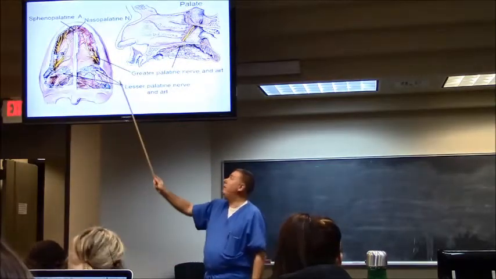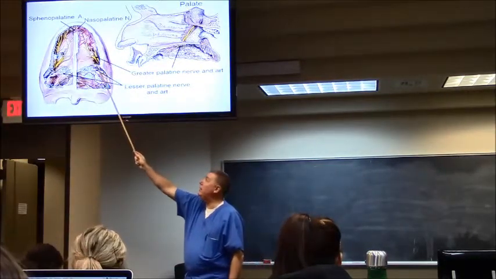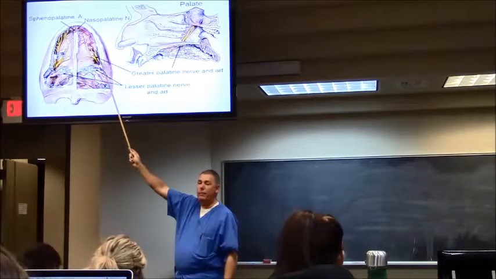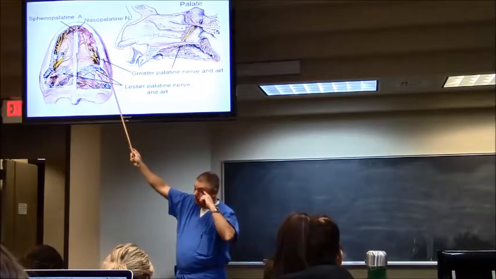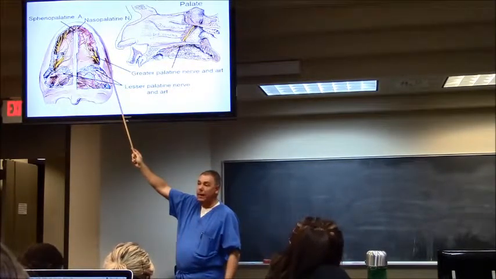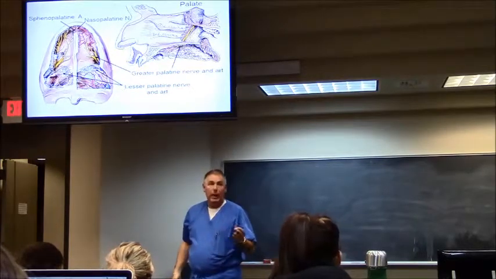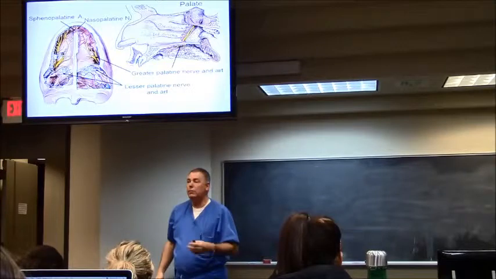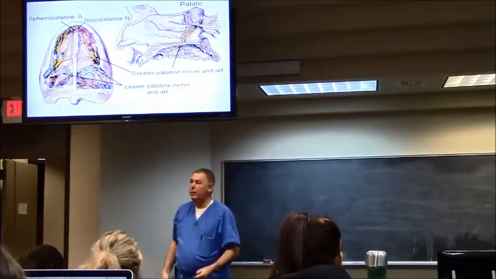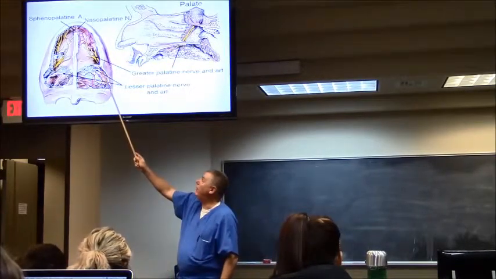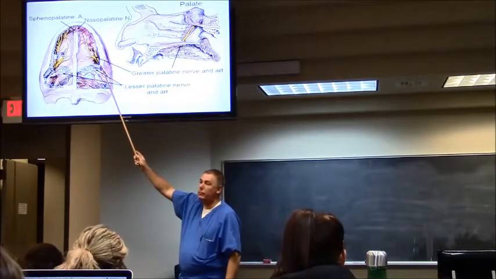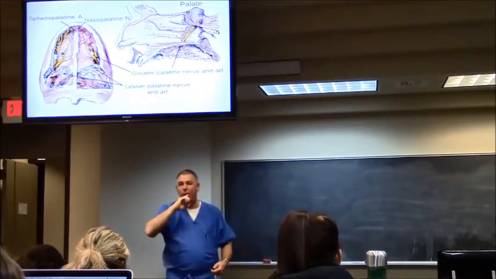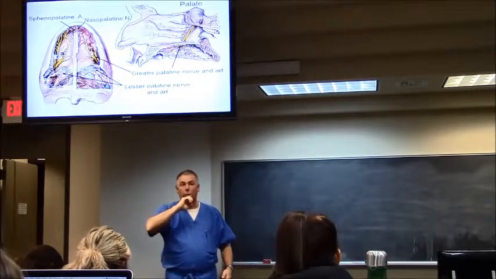So here are the nerves and arteries that come out of those foramina. The ones coming out of the greater palatine foramen supply the hard palate. The ones coming out of the lesser palatine foramen supply the soft palate. Nonetheless, that's where they are right there, at the back corner of your palate.